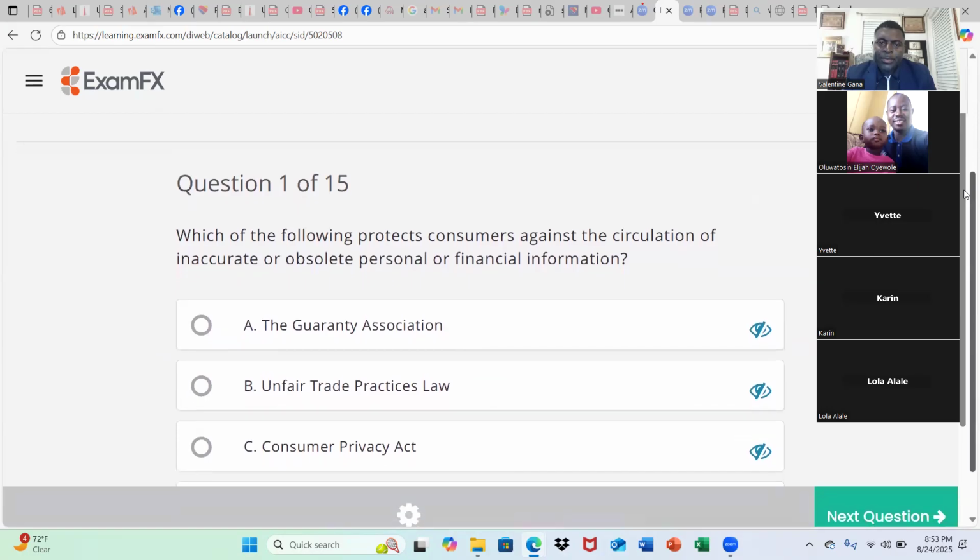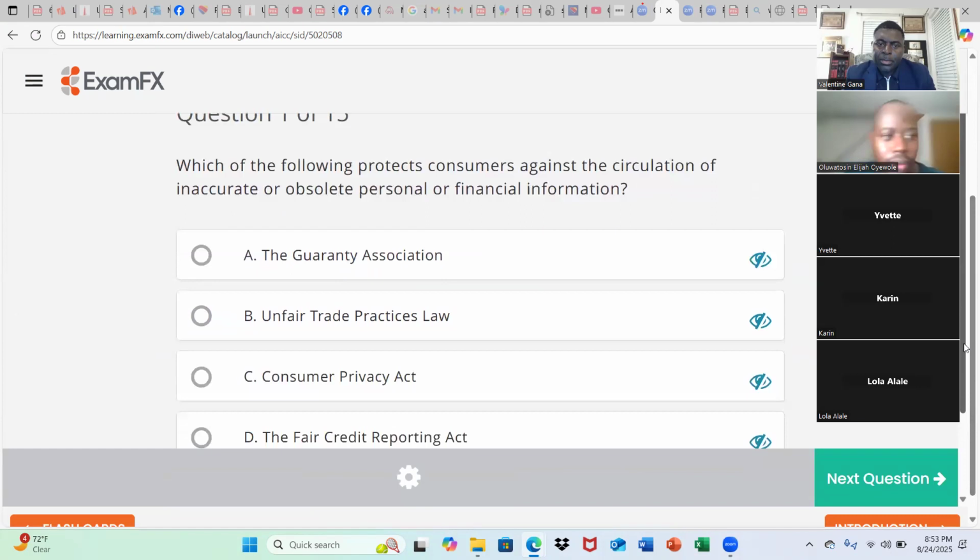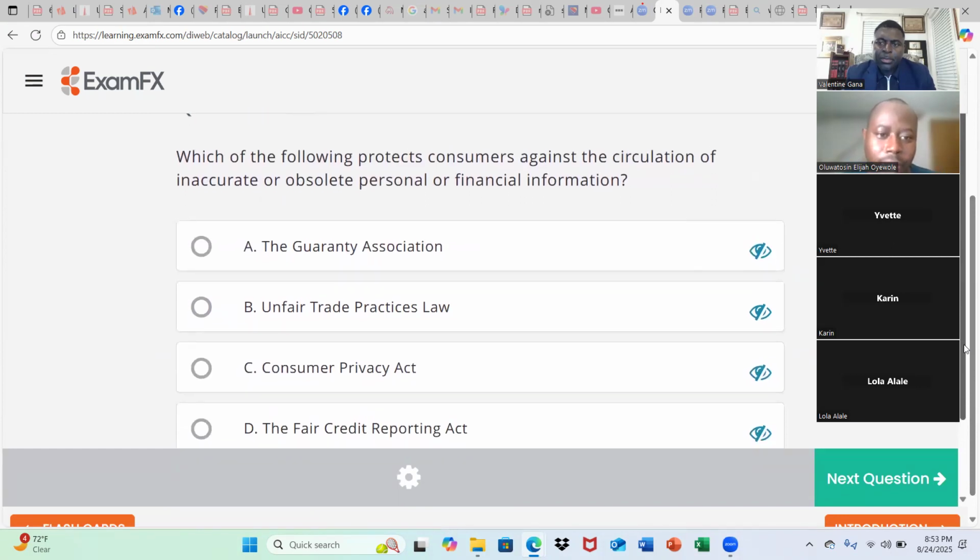Oluwatosin, you want to read this one? Which of the following protect consumers against the circulation of incorrect or obsolete personal or financial information?